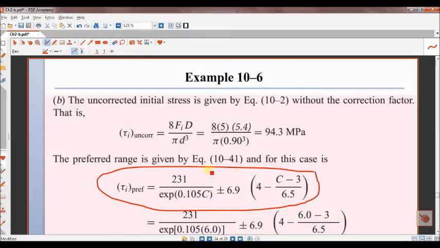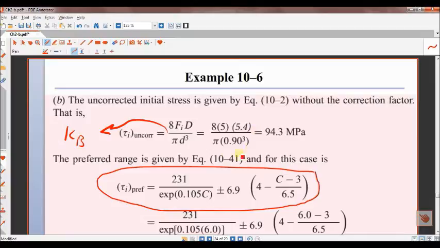Now let me find how much the initial stress is. The initial load was 5 Newton. So I have to use the compression spring equation to find the stress. But in this case, I'm not going to substitute Kb here. If you remember, there was always a Kb here for compression spring.